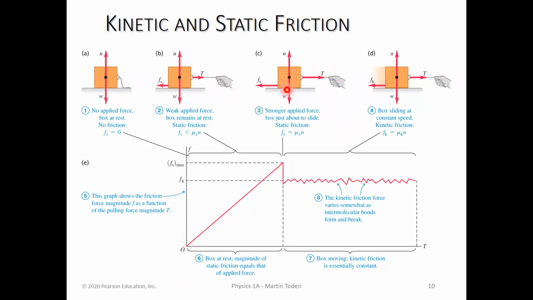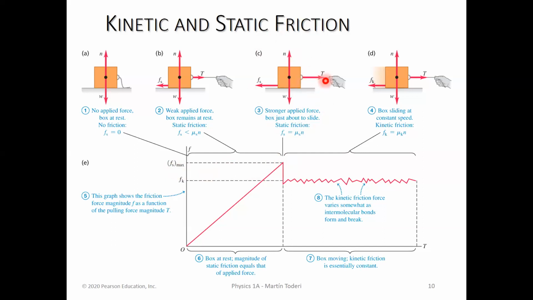At the breaking point, we have enough tension to balance the maximum static friction that we can have, which is mu static multiplied by N. At that point, the friction is maximum on the static condition.